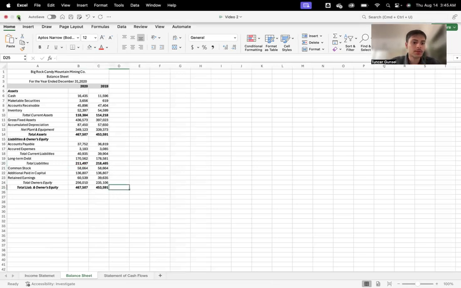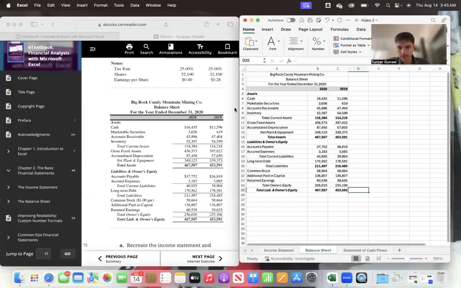Let's check if our balance sheet is fine as well. It should be, yes, we're good. It's balanced. Okay, so we're moving on to the statement of cash flows.